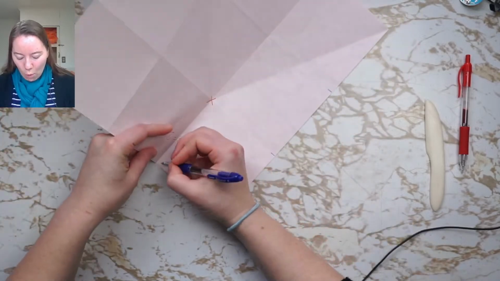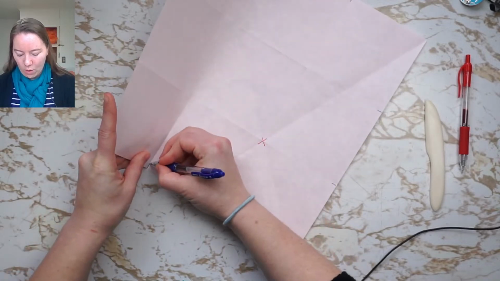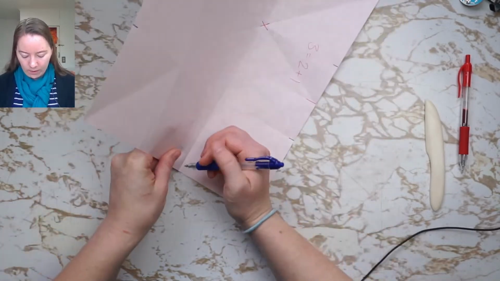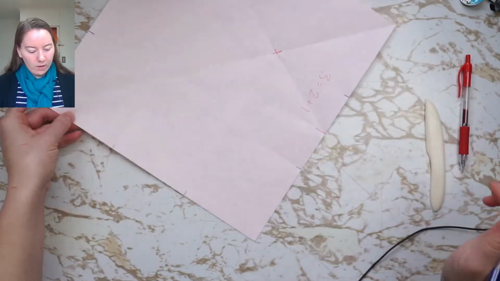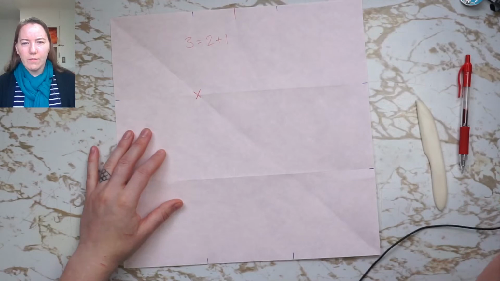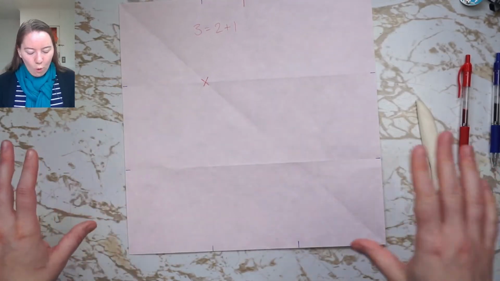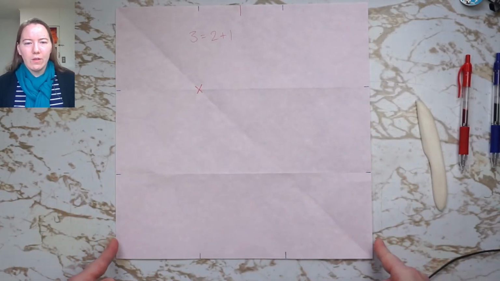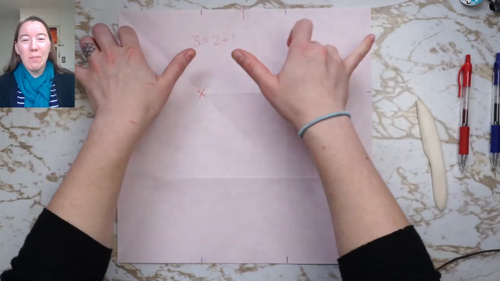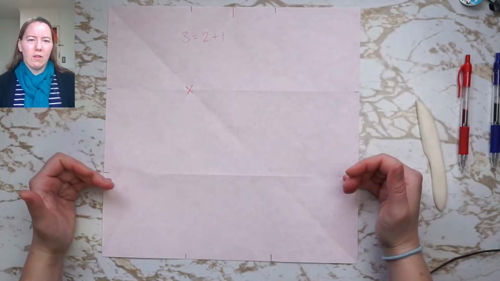And so once we have thirds, we're already in the perfect position to then go ahead and divide in 5. Because what we have here is 3 divisions on the bottom, and we have that same measure on each of these 3 lines.